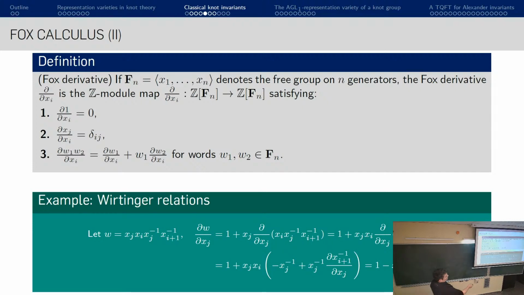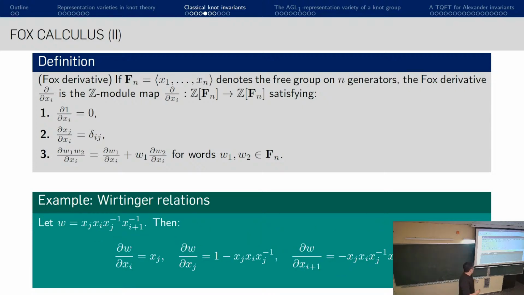You can see this clearly: if you pick xj inverse times xj equals 1, you compute the derivative and apply that, and you get that it's actually that one. And then the final derivative surviving there is 0 because of property 2. So you get that expression there, which right now doesn't say much.